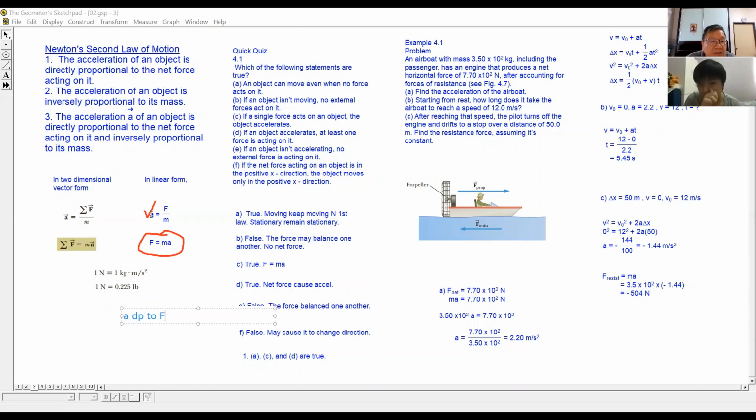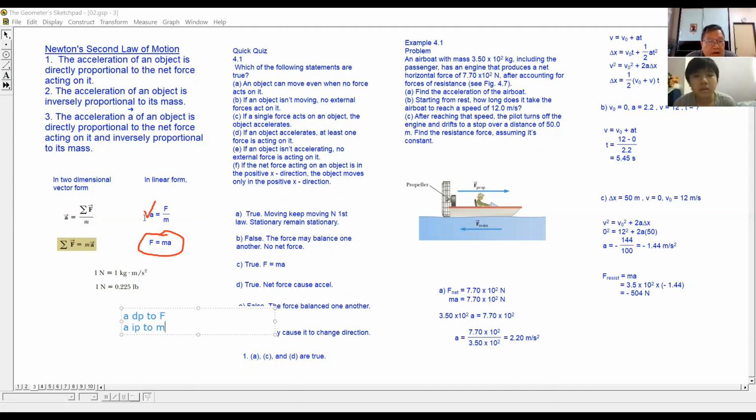Why? Because the A and the F are at the top of the equation. We also say that the acceleration is inversely proportional to the mass.